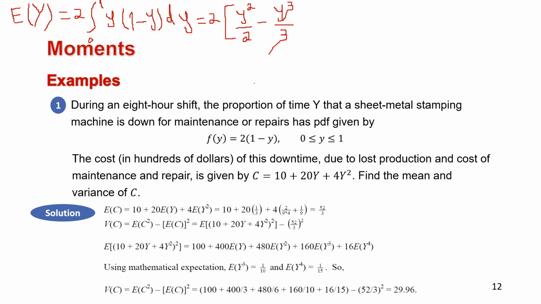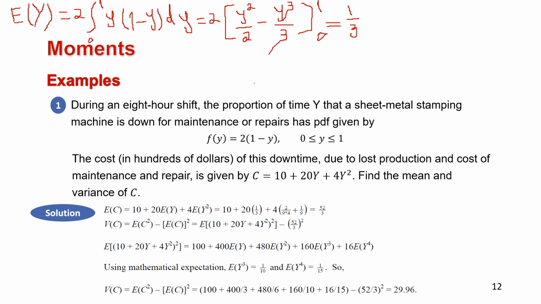Okay, and then we substitute 0 and 1, which is 2 times 1 over 6, which is 1 over 3.